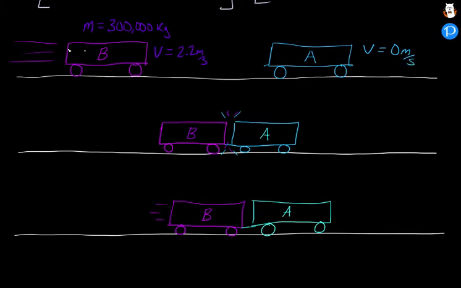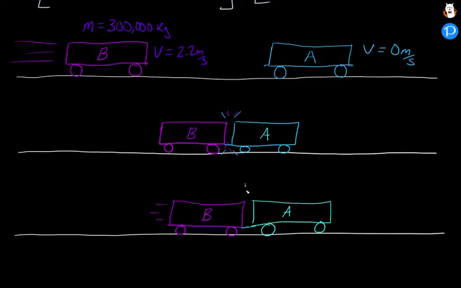So we've got a train car over here coming in pretty quick. We've got this train car just sitting here at rest at 0 meters per second. They collide with each other, and after they collide, they are now both moving as one object, to the right, but just at a slower velocity, okay?